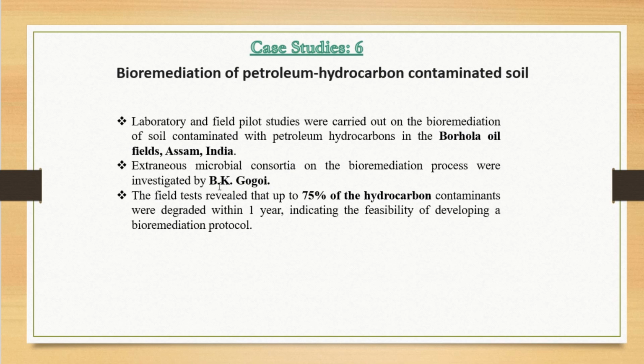Mr. B.K. Gogoi used microbial consortia in the bioremediation process, and the field test revealed that up to 75% of the hydrocarbon contaminants were degraded within a year, indicating the feasibility of developing a bioremediation protocol.